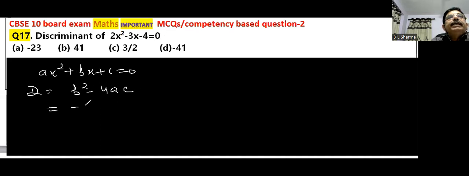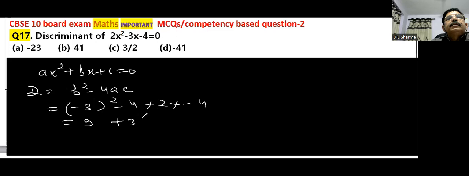Here b is -3, whole square, minus 4, a is 2 and c is -4, so 9 plus 32, that is 41. So B is the correct option. Discriminant will be 41 for the equation 2x square minus 3x minus 4.